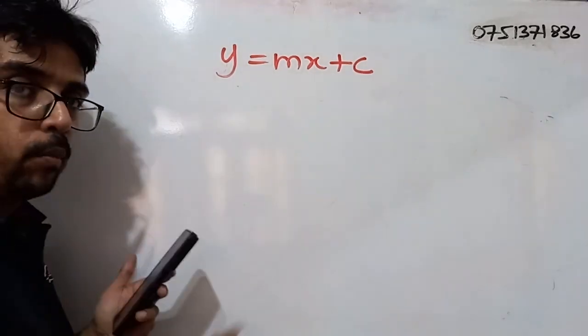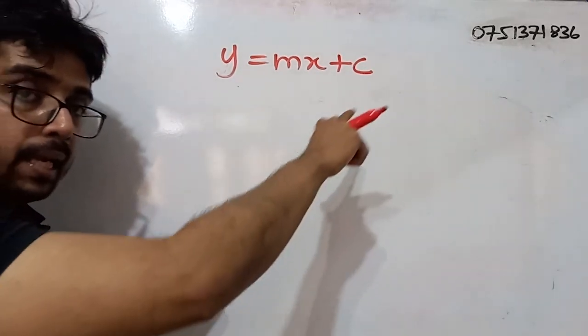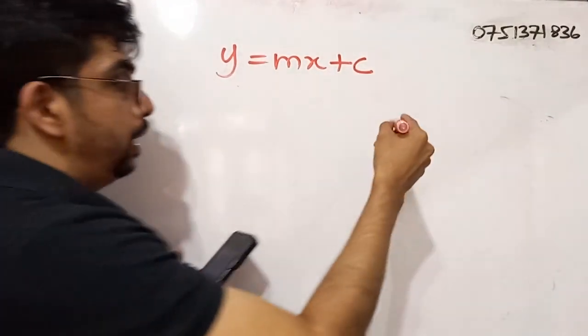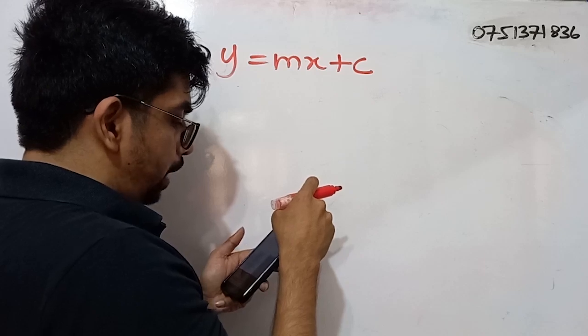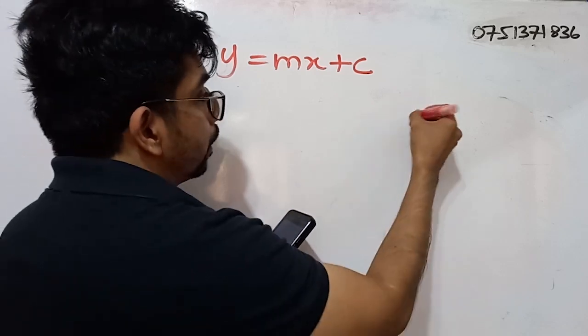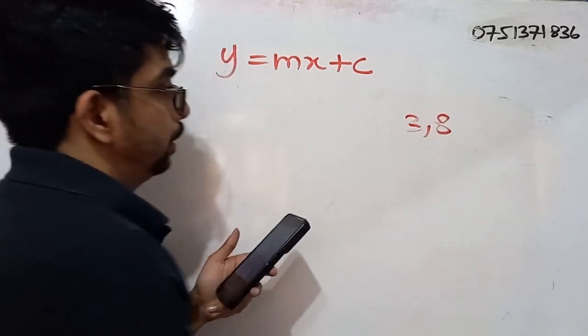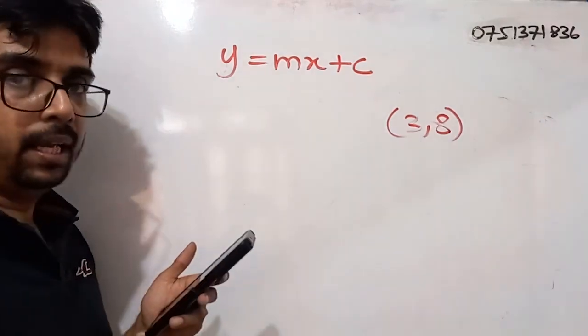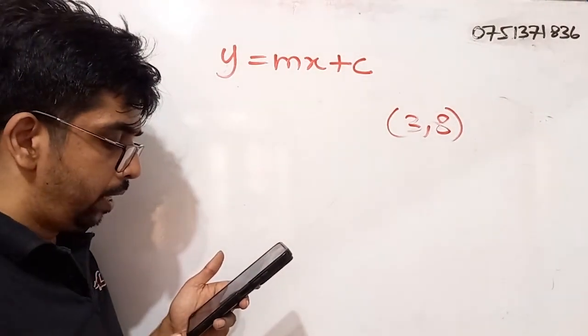Right. So now I'm going to pick 2 points that are on the graph, and I'm going to write the coordinates, right? So 1 point has the coordinates of 3, 8. That means the x coordinate is 3 and the y coordinate is 8. Okay.